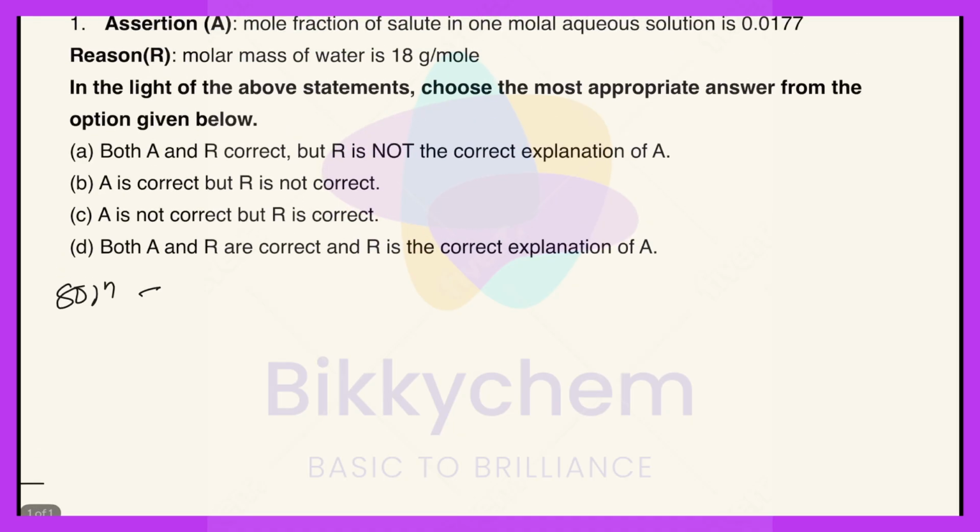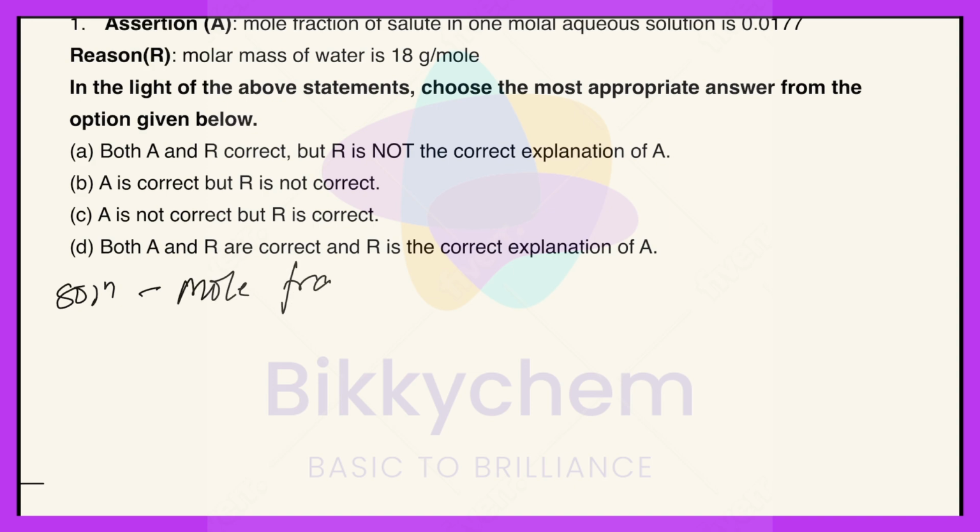Okay, we have a question to see whether assertion and reason are right or not, and to choose the correct option A, B, C, D. Okay, let's see whether the mole fraction of solute is 0.0177 or not.